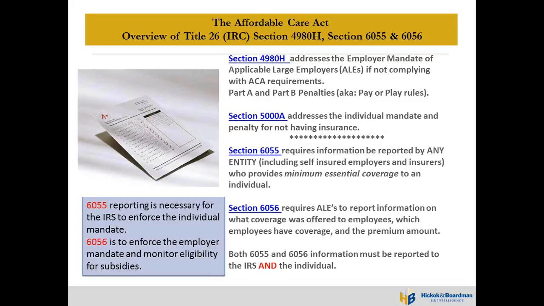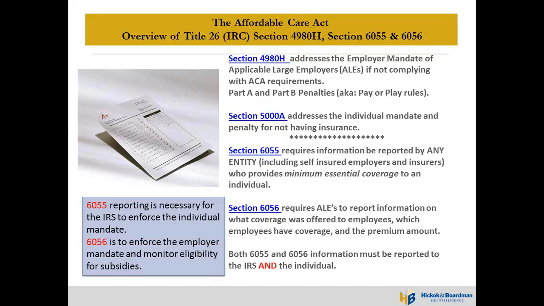All size self-insured employers. Under Section 6056, it's only if you are an applicable large employer that you have to report information on what coverage was offered to the employees, which of those employees have coverage and their dependents, and the premium amount that you are charging.